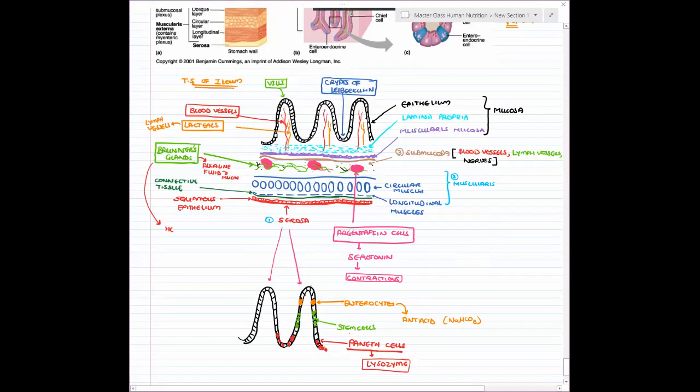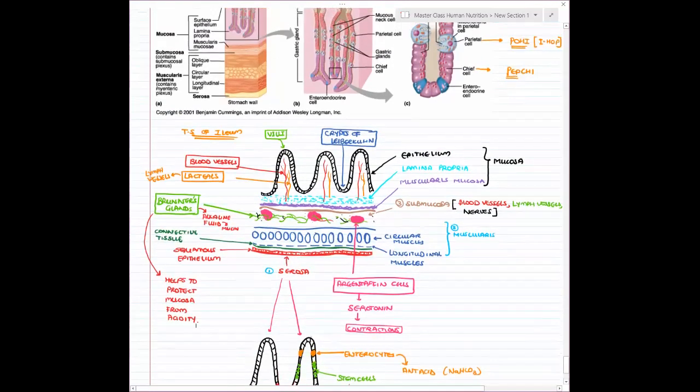It helps to protect the mucosa from the acidity. So we have HCl and all, and I don't want the cells to be degraded immediately, because in your stomach the pH is going to sometimes go down to pH 2, which is a really, really low pH, guys.